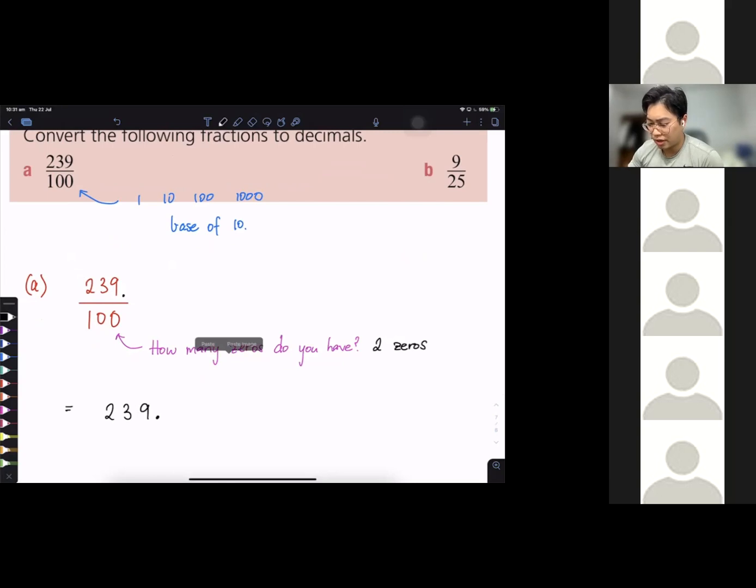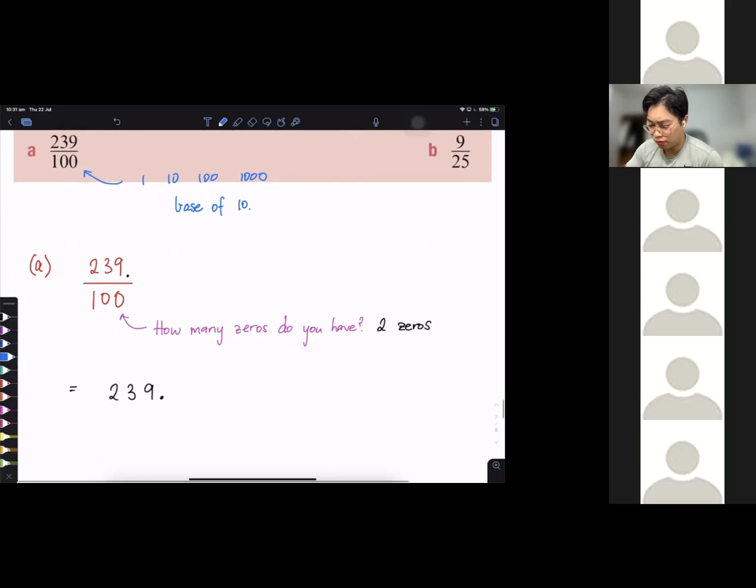What we're going to do with that divided by 100 is we move that to the left or the right. Do you reckon we should move it to the left or the right? Right? To the right? Okay, let's see if we move it to the right. How many spaces should we move it?